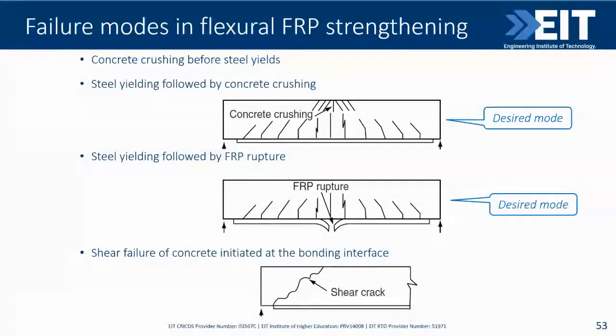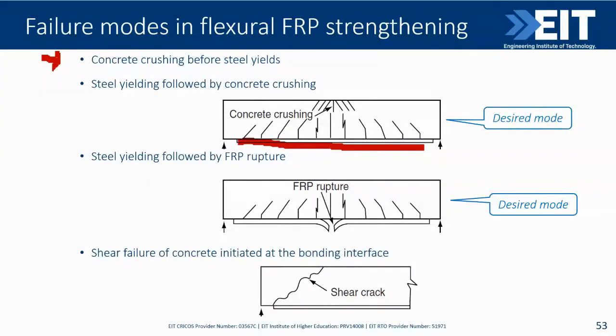So the failure modes. We're looking at flexural FRP strengthening, which is the most popular. There's an attached layer of FRP on a steel reinforced concrete beam, loaded in bending. So the modes are: concrete crushing before steel yields, which has nothing to do with the FRP sheets.